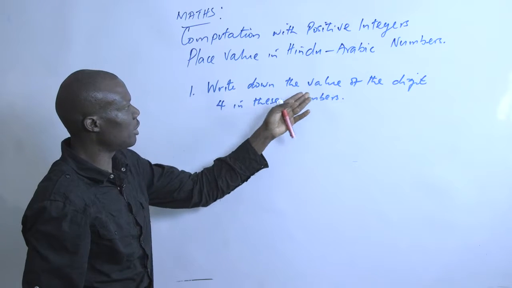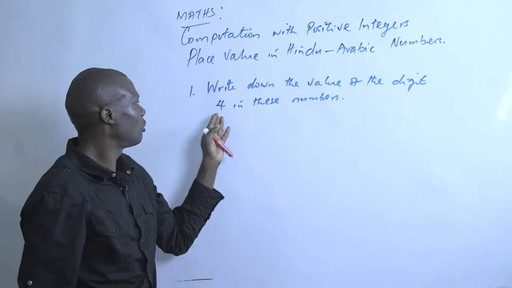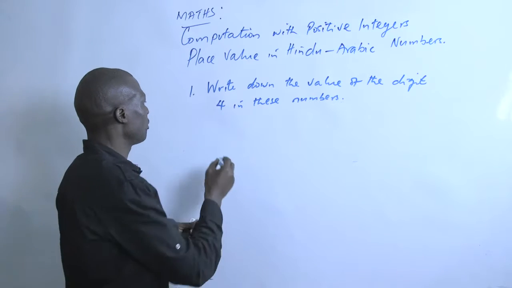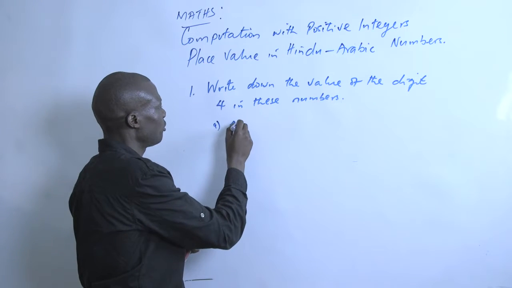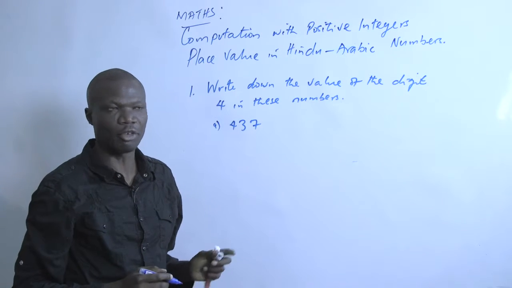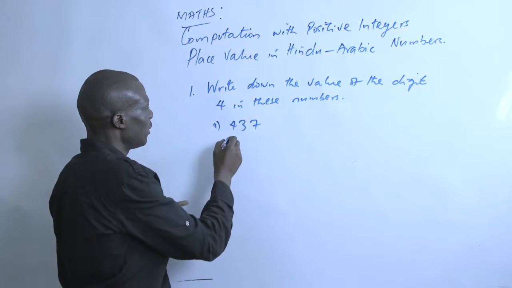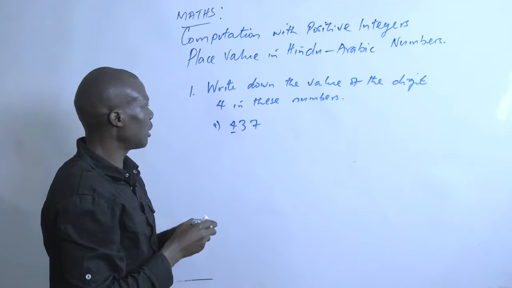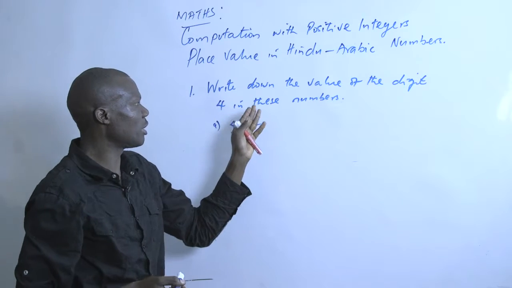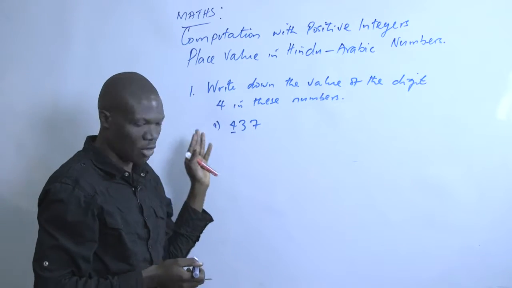Write down the value of the digit 4 in these numbers. And the numbers are as follows. A is 437. Digit 4 is underlined. So write down the value of the digit 4 in these numbers.